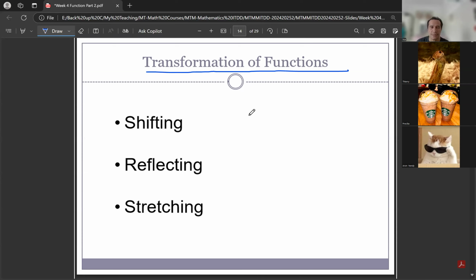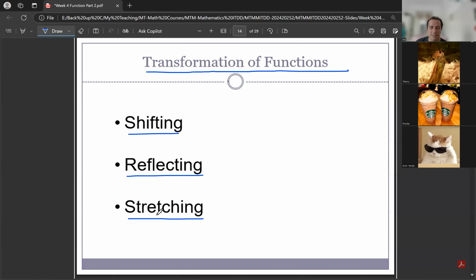So we can shift the graph, we can reflect the graph, or we can stretch the graph. We can do three kinds of transformation to the function: shifting (pergeseran), reflecting (pencerminan), and stretching.